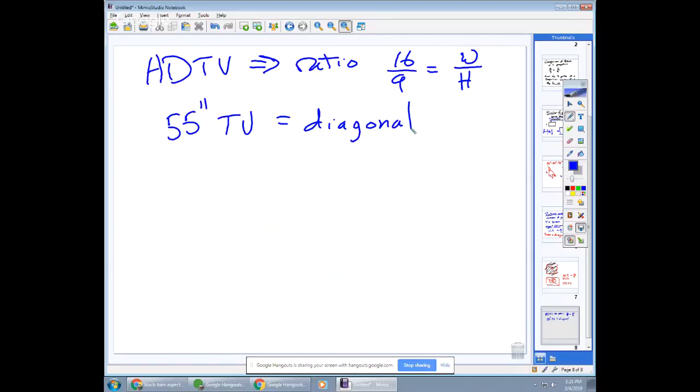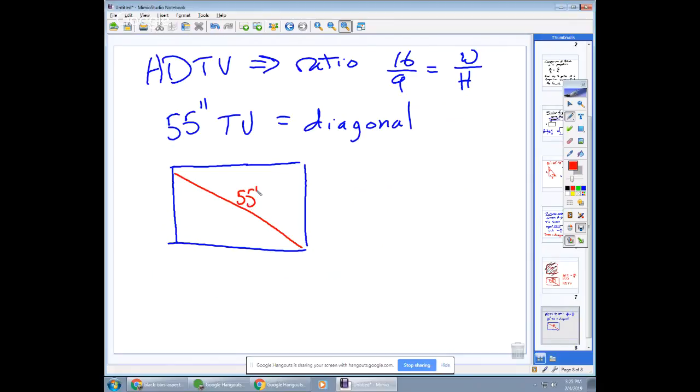All right, so let's sketch this out. I'm going to guess that's about 9 right there. There's another 9, and then 7 more. So this is about my best approximation of a 16 to 9 rectangle. And I have this diagonal running through there, and I know for sure that's 55 inches.